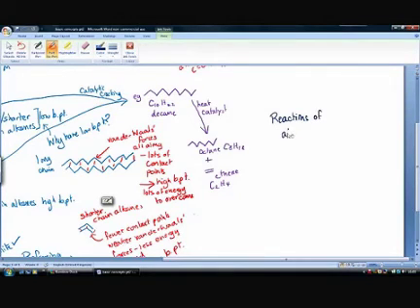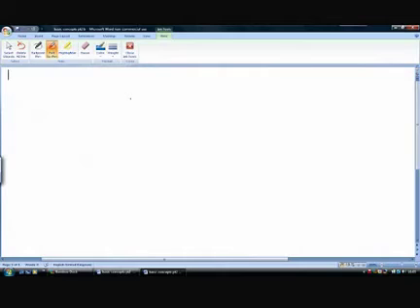Now we can look at the reactions of alkenes, and to do that we'll start on a fresh sheet of paper. So to look at the reactions of alkenes, we'll start off with propene as our example. But all the alkenes will react in the same way. It's all a case of the carbon-carbon double bond springing open. So in this case we'll look at the addition of chlorine by electrophilic addition, not substitution.